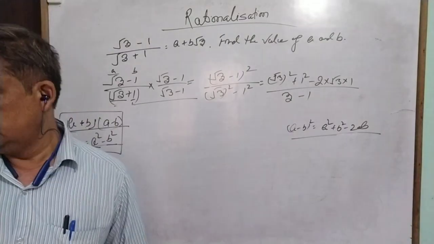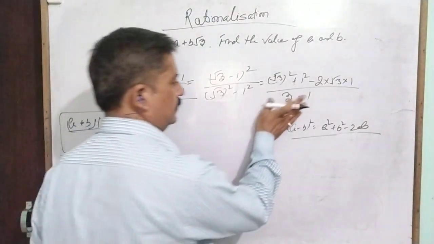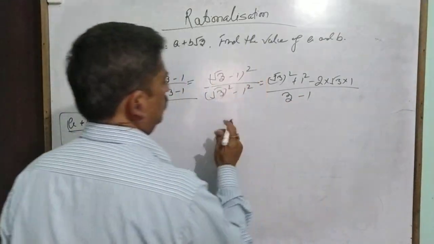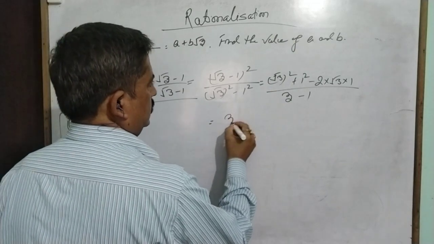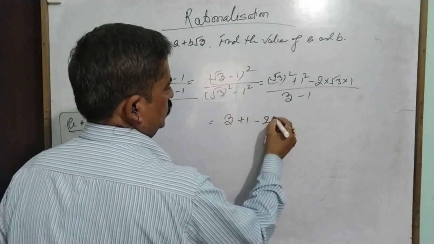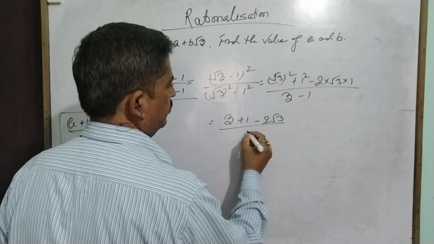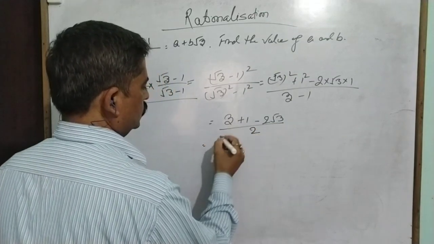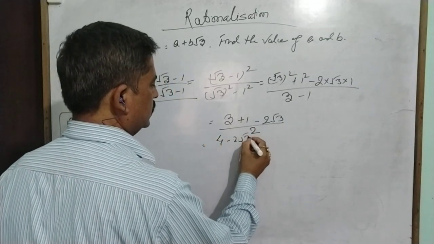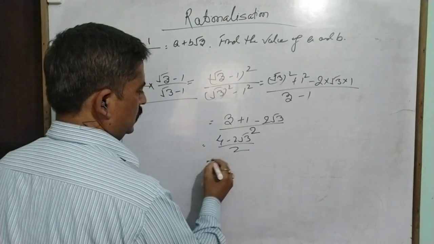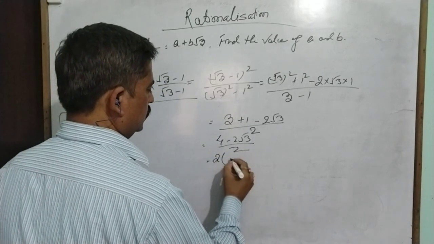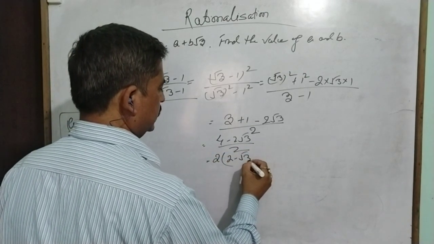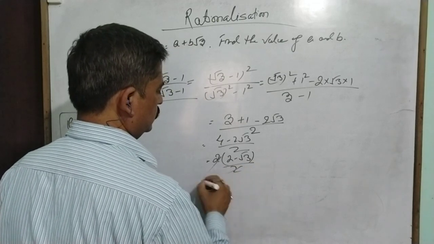So the value is 3 plus 1 minus 2 root 3 divided by 2. So 4 minus 2 root 3 divided by 2. We take 2 common, so 2 times (2 minus root 3) by 2, cancel.